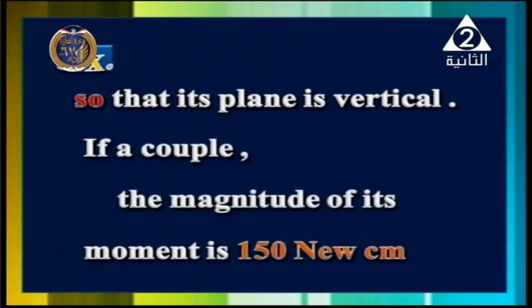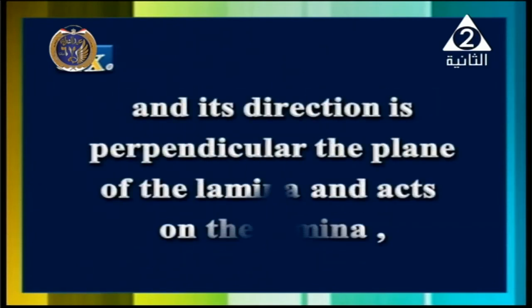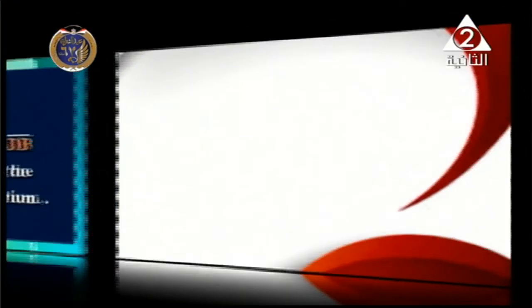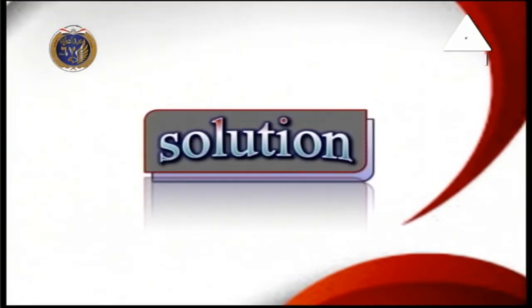A couple whose moment has magnitude 150 Newton centimeter, and whose direction is perpendicular to the plane of the lamina, acts on the lamina. Find the inclination of DB to the vertical in the position of equilibrium. Look at the solution.